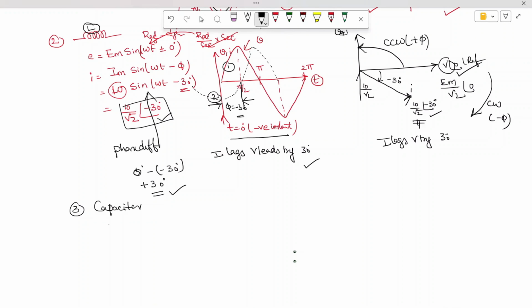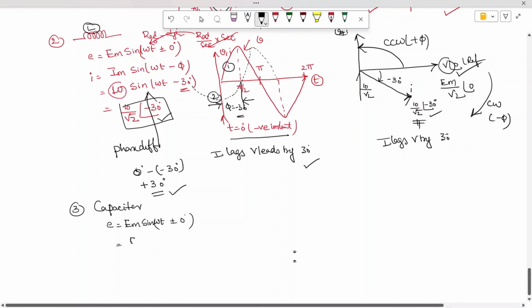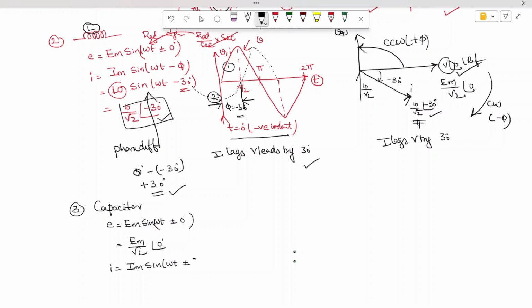In the case of a capacitor, I'm writing e = Em sin ωt ± 0 degrees. When you write it down in polar form, this is Em by root 2 at an angle of 0 degrees. Similarly, the current is i = Im sin(ωt + 30 degrees).